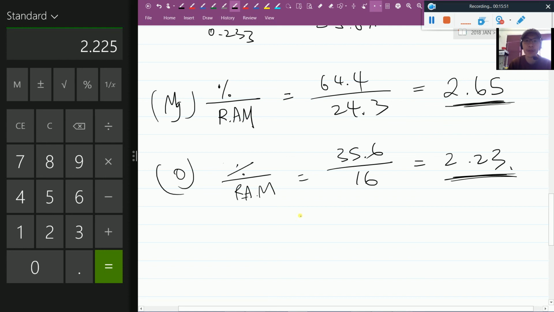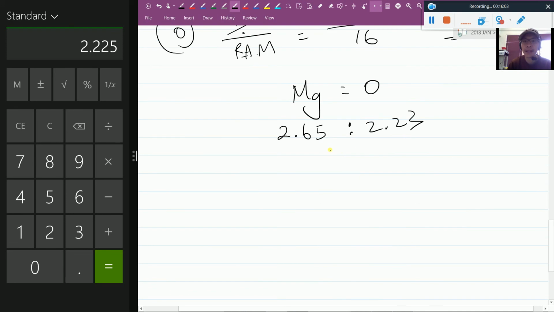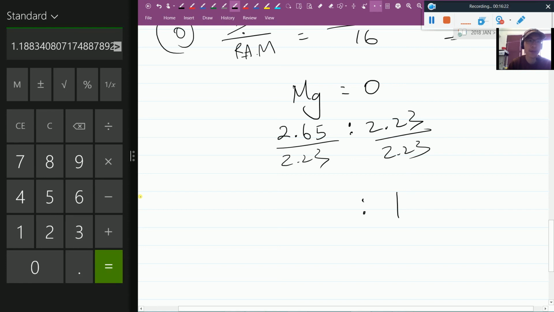So the Mg to oxygen ratio is 2.65 to 2.23. That's not a whole number. We try to make that into a whole number to see whether we can see a better relationship. 2.23 divided by 2.23 is 1, and then 2.65 divided by 2.23 gives us roughly 1.2.